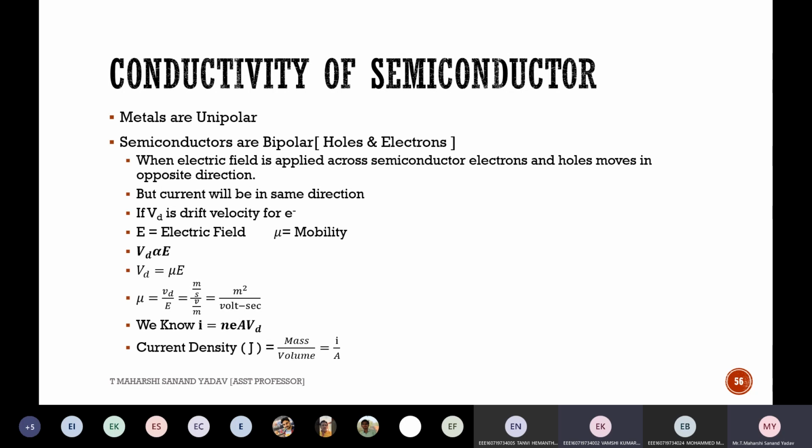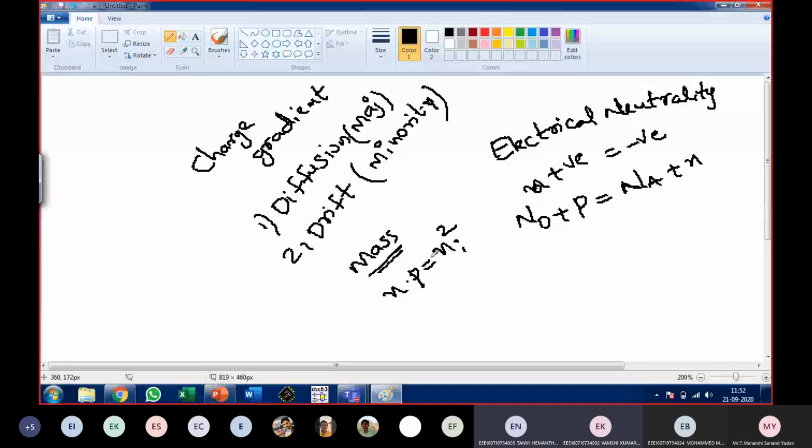And what is mass action law? n times p is equal to ni square.